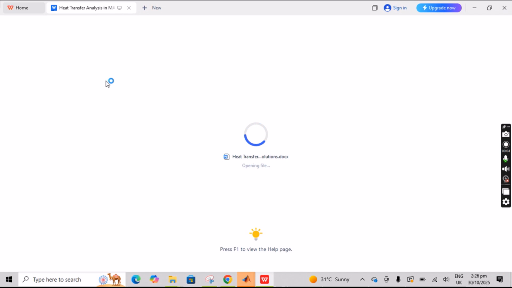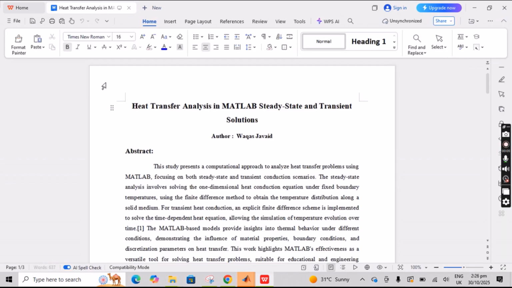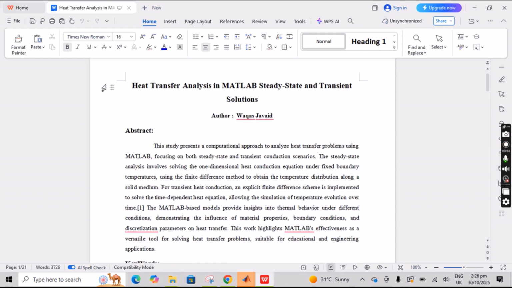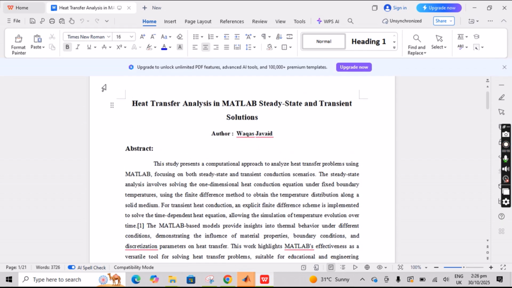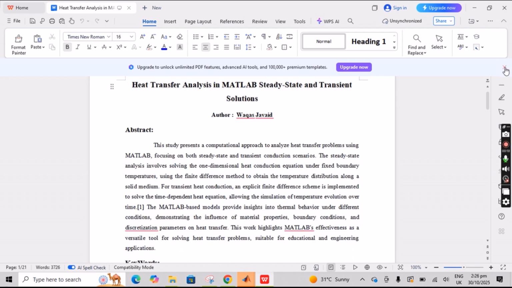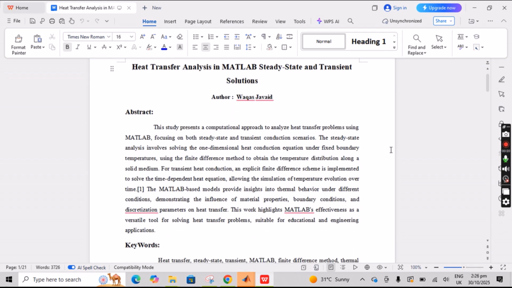This is article 91, which is related to heat transfer analysis in MATLAB, steady state and transient solutions. Basically, in this study, I have represented the heat transfer model in MATLAB to focus on the one-dimensional heat conduction equation.